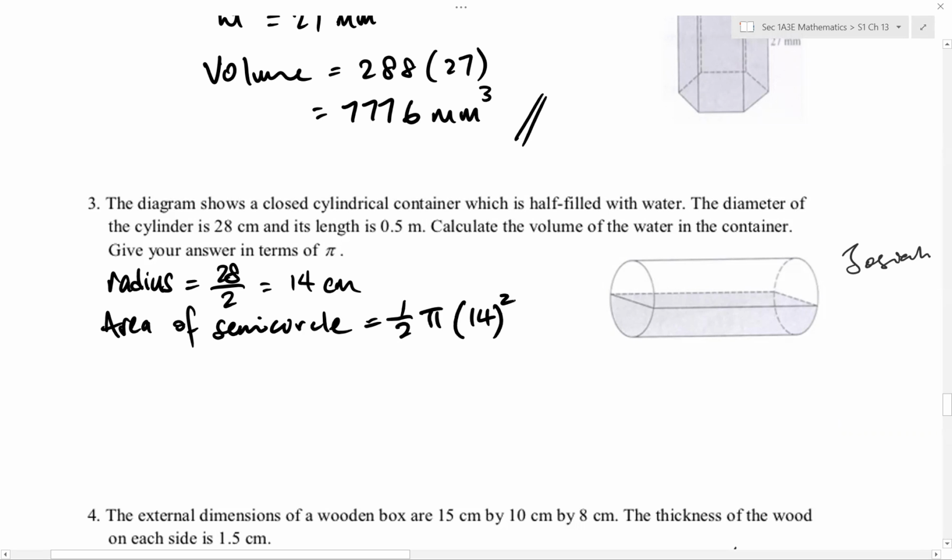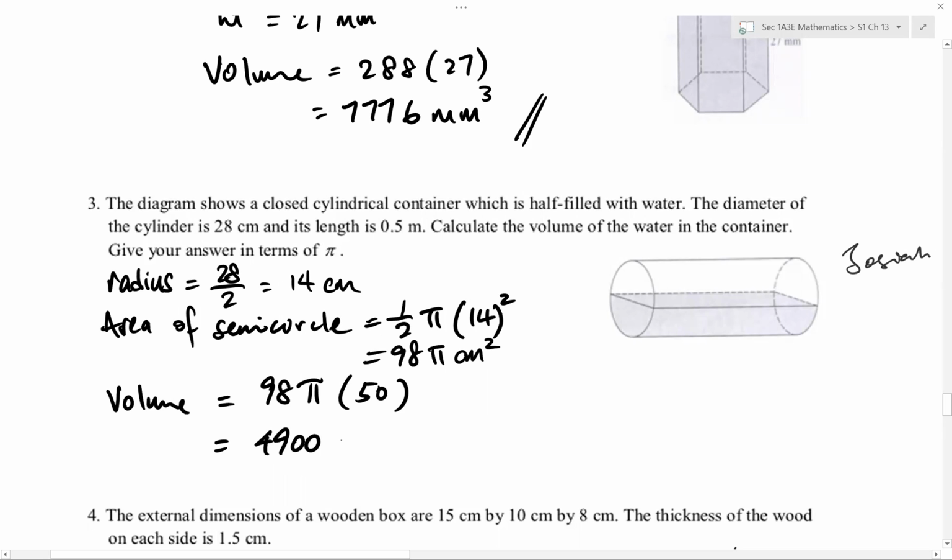Okay, what do you do next? Times 50. Any more? Is that all?